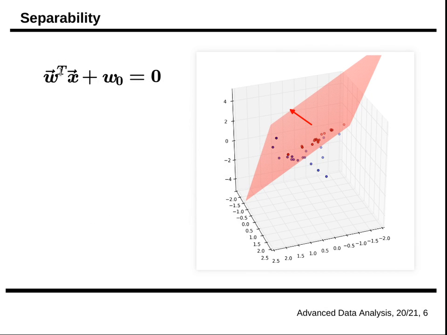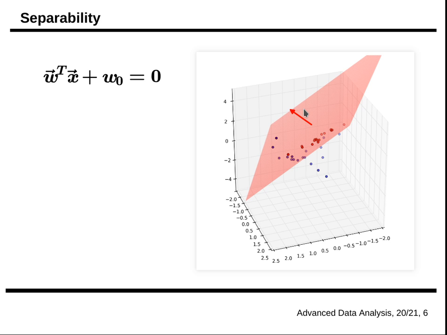Looking at this in 3 dimensions, if this vector w is pointing this way, then this region here is the positive region, because any point here will have a positive inner product with this vector. On this side we will have the negative region, and the set of points where this expression is 0 is the discriminant. In this case, it would be this plane which exactly separates the 2 regions, positive and negative.